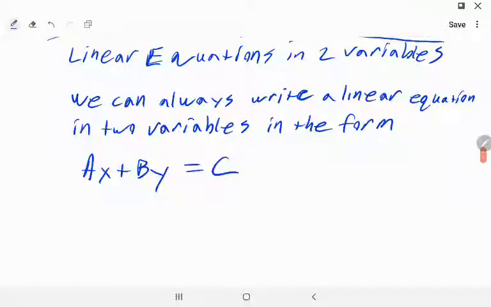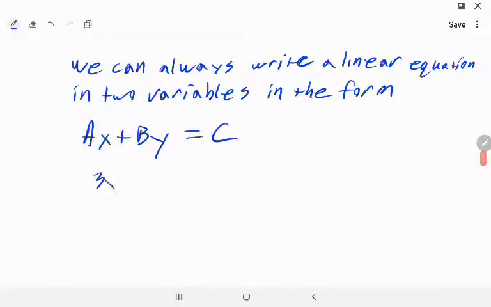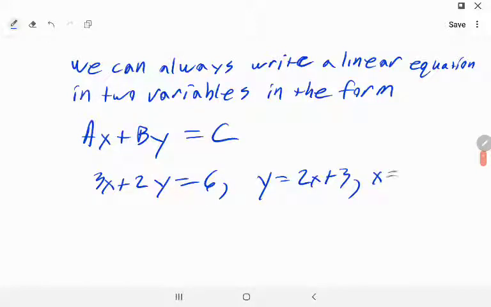It may not look like that. We could have 3x plus 2y equals 6. We could have y equals 2x plus 3. We could have x equals y plus 4.